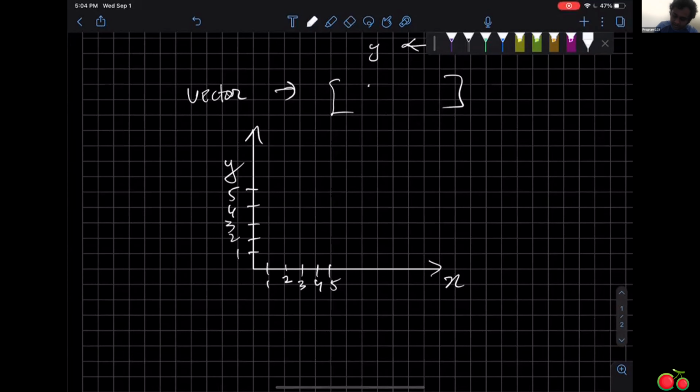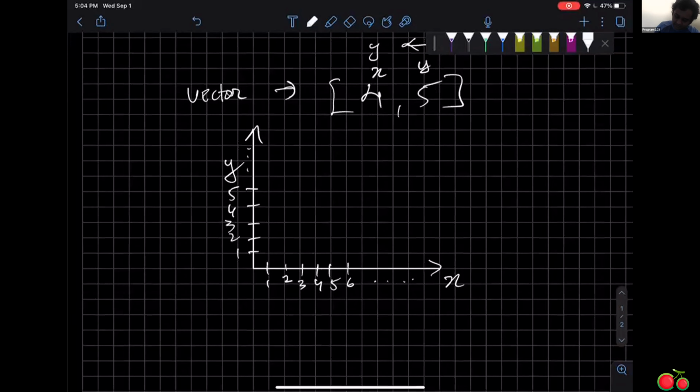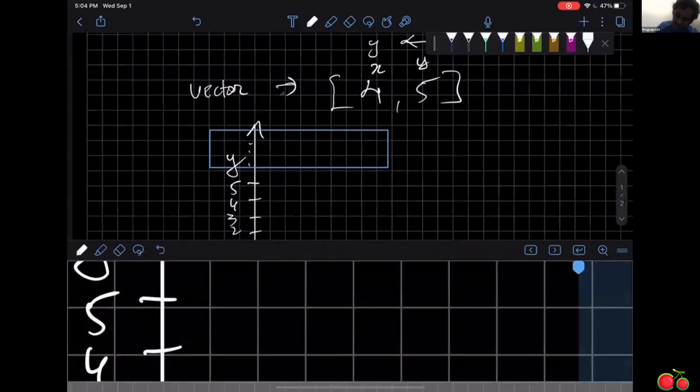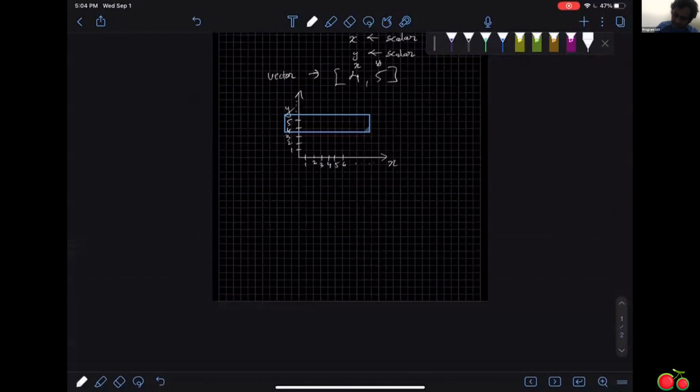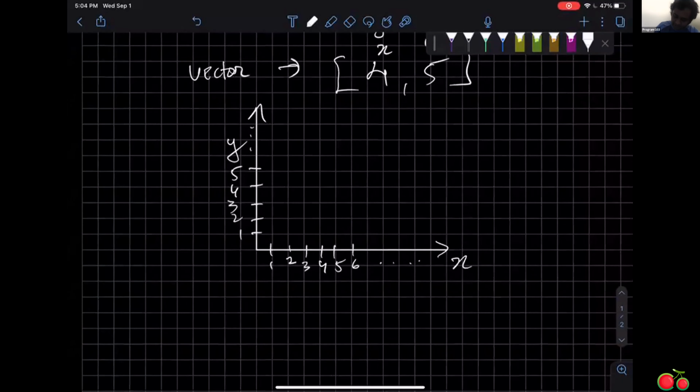Let's make them 4 and 5, okay, 6 and so on, right? So my value of x is 4, and my value of y is 5, okay? So that's what my vector represents. So my value of x is here, right?